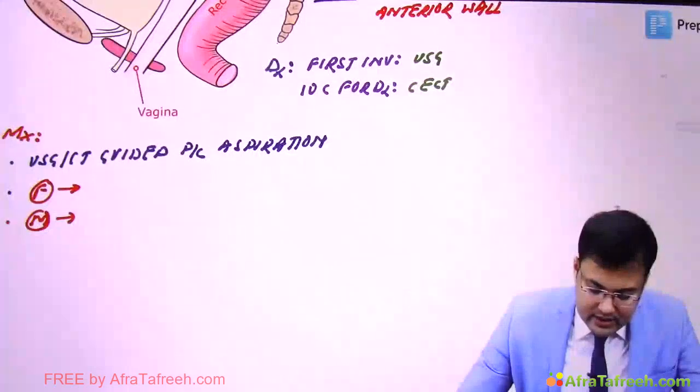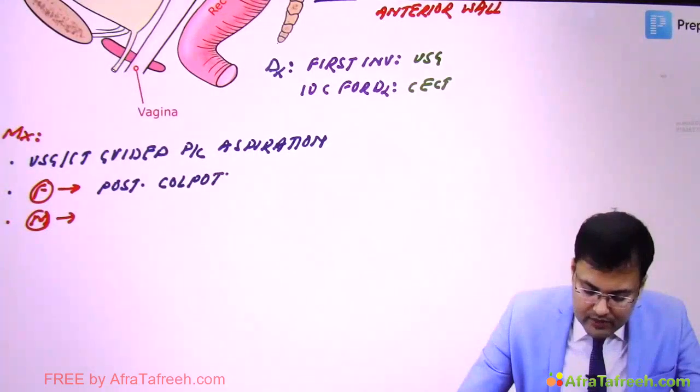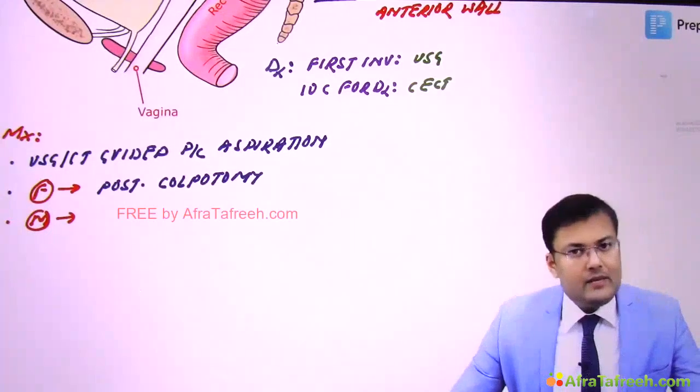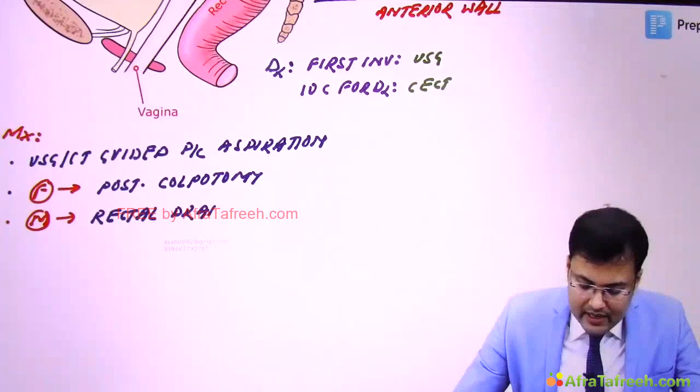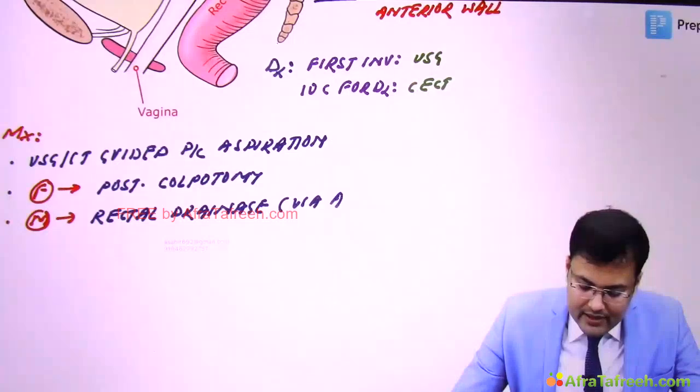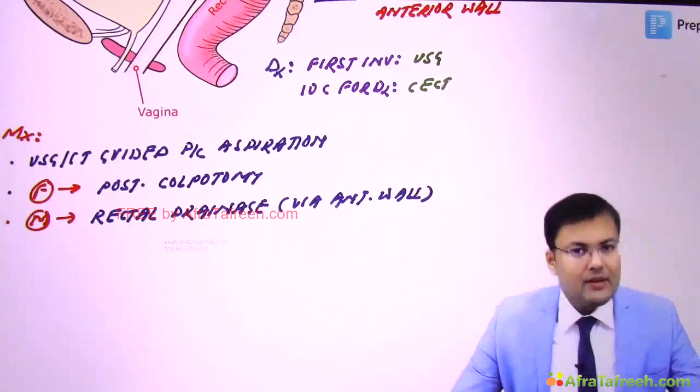So drainage is done via posterior colpotomy. Clear? And in males, rectal drainage via the anterior wall of rectum. So this is how we manage the patients of pelvic abscess.